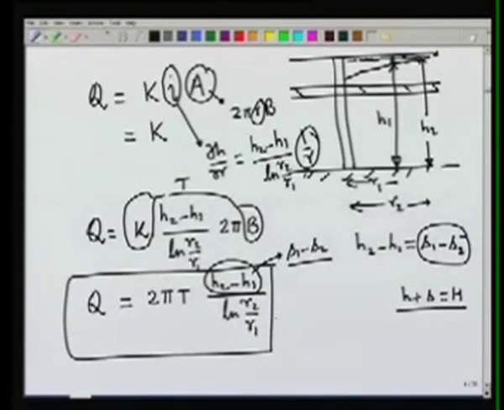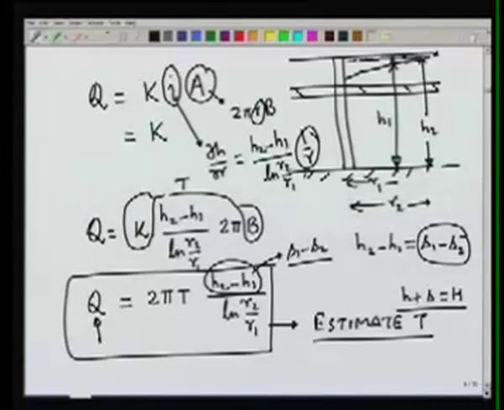So this gives us a method of estimating T. If we measure Q, the drawdown, and distances, of course we know where we have put the piezometers. Knowing all these three terms, we can obtain the value of transmissivity.